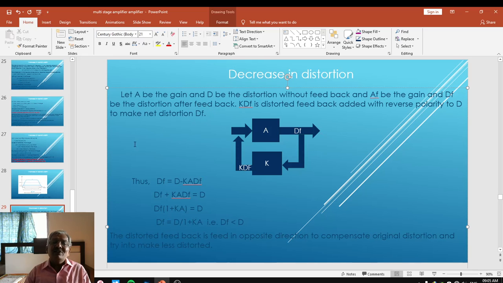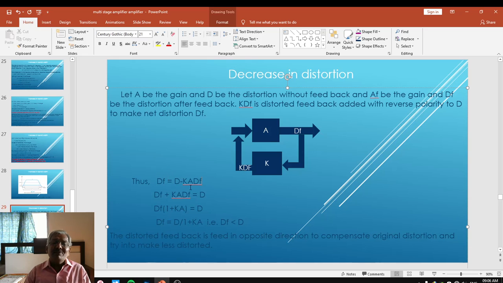So we can write DF is equal to D minus K into A into DF, where K is the feedback factor, A is the gain of the basic amplifier without feedback, and DF is the distortion after feedback. So K into A into DF is the amplified feedback signal. If it is subtracted from the original distortion, we get the net distortion after feedback.